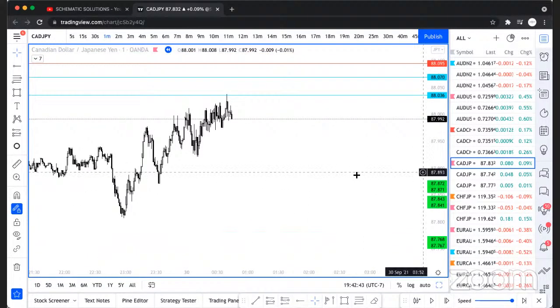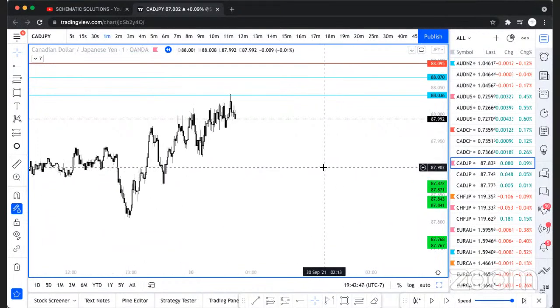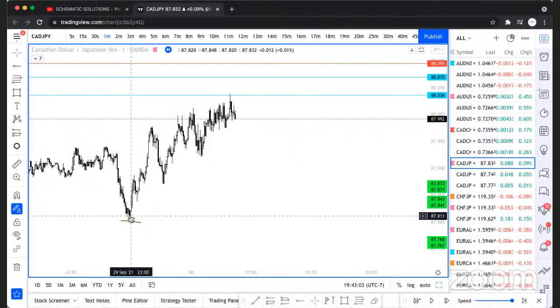So as of right now, from where we're seeing price, what would you need to break for you to say you're willing to give it a shot? Right here. Right here?